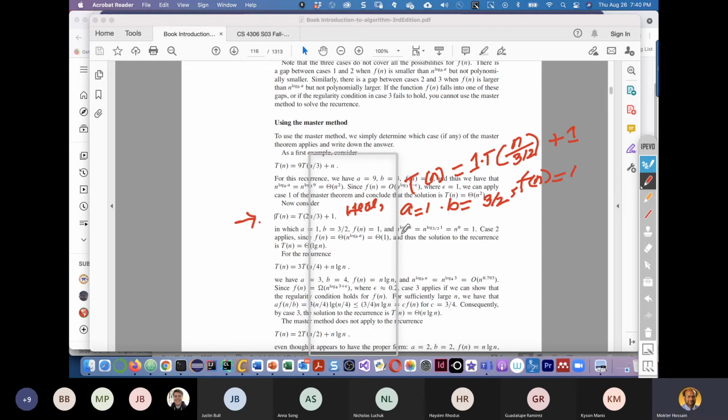Now we do the calculation: n to the power log of a with base b, which is n to the power log of 1 with base 3 by 2.